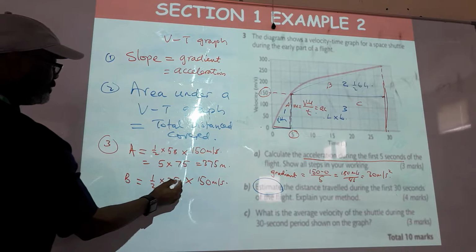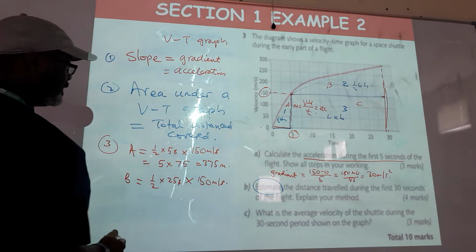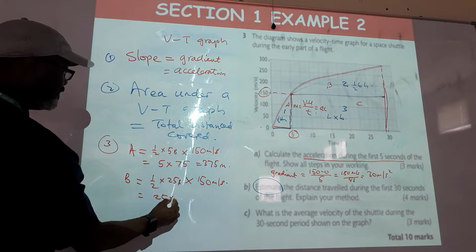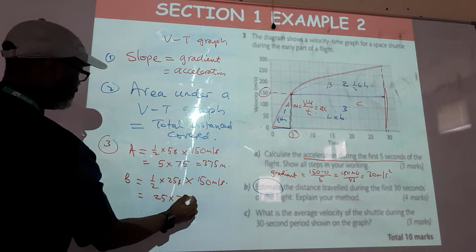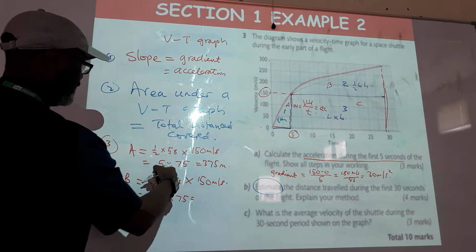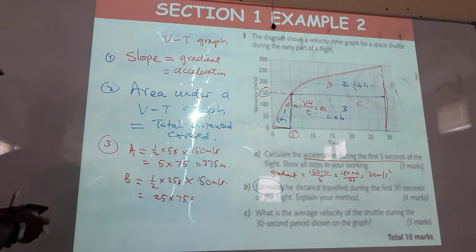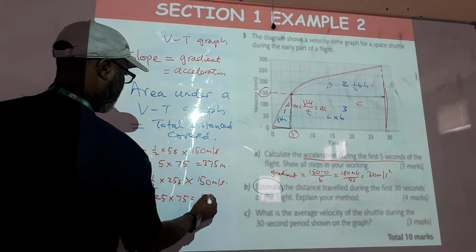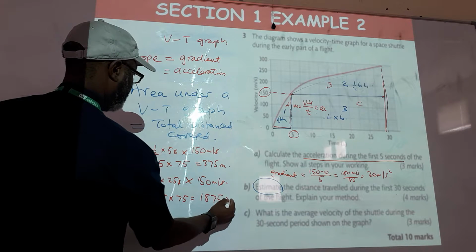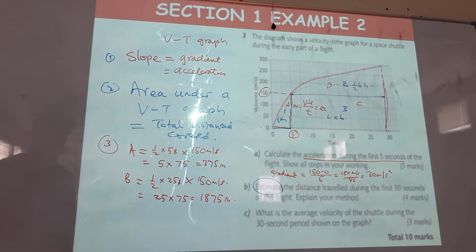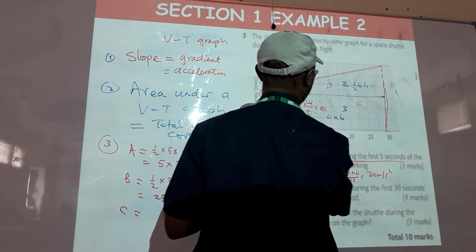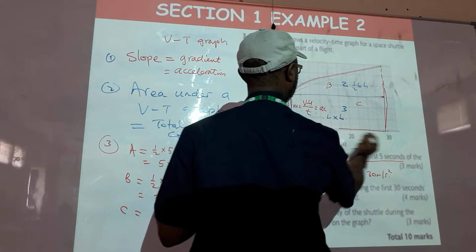So we end up with 25 times 75, which is 1875 meters.